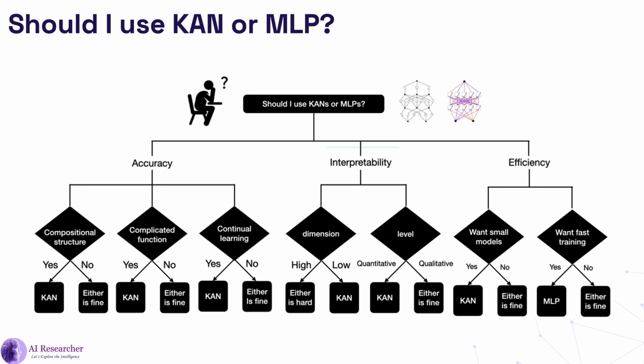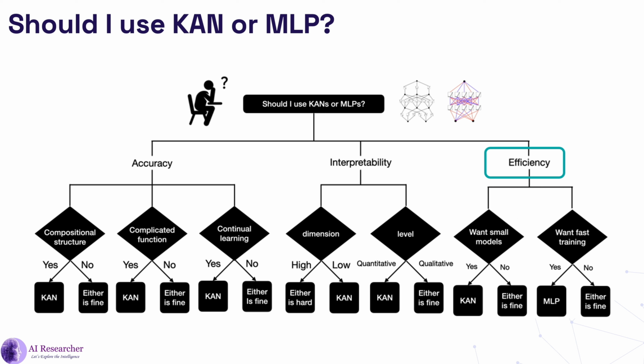Then the last parameter is efficiency. Here the first thing is wanting a small model. If the goal is to minimize model size, KAN is recommended as it can be more parameter efficient. And the second one is wanting fast training.